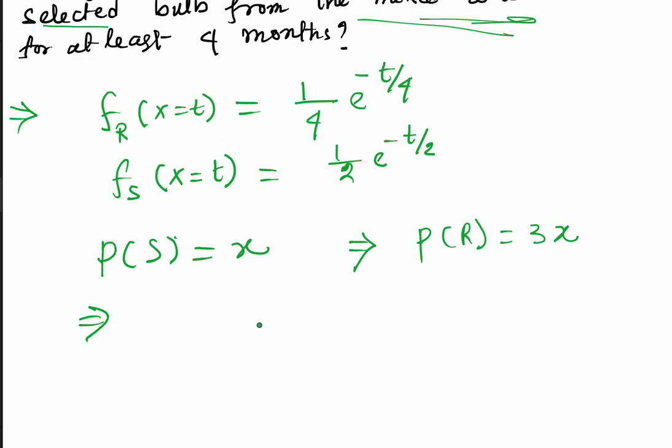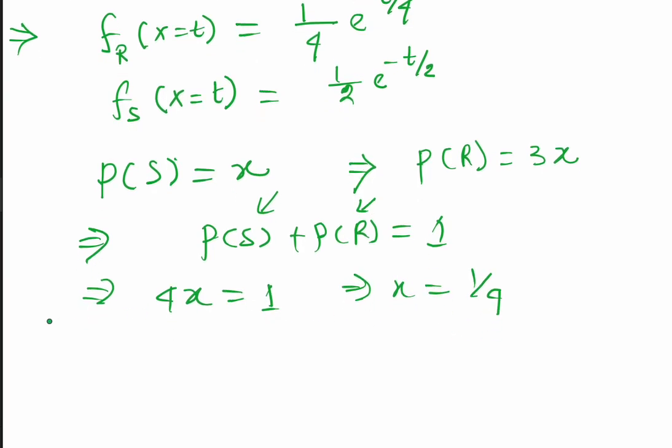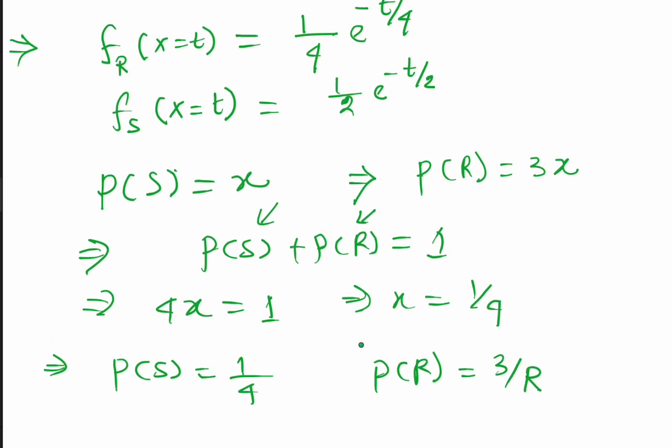Now PS plus PR should be 1, because in the mix there are only 2 types of bulb, one coming from S, the other from R. So 4x is equal to 1, that means x equals 1 by 4. So P of S equals 1 by 4 and P of R is 3 by 4.